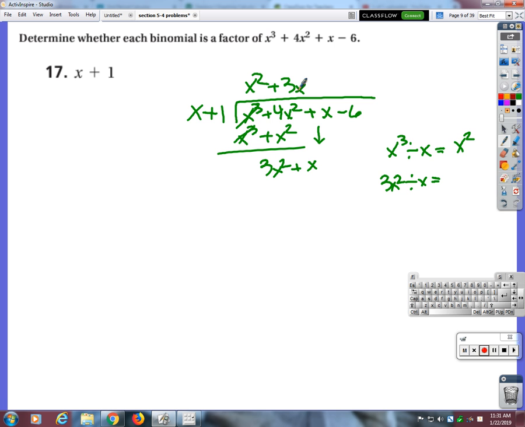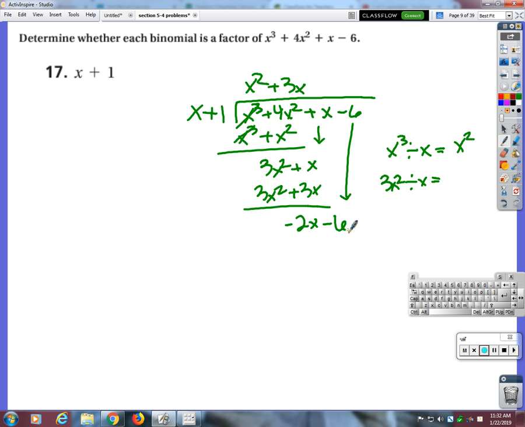Okay, so 3x times x is 3x squared, and 3x times 1 is 3x. And then remember, we are subtracting, so the 3x squareds cancel, but it's going to be negative 2x. X minus 3x is negative 2x. Bring down the negative 6, and we'll go around the horn one more time.